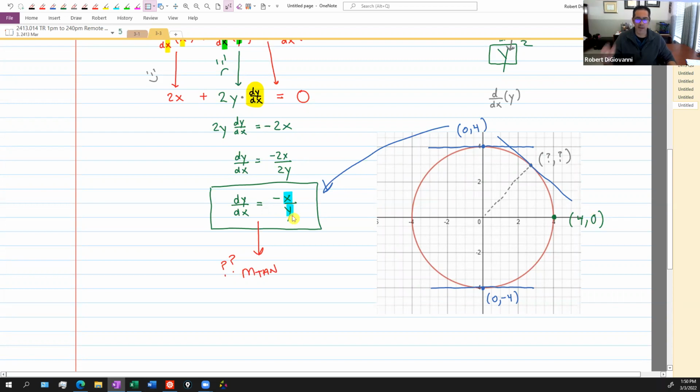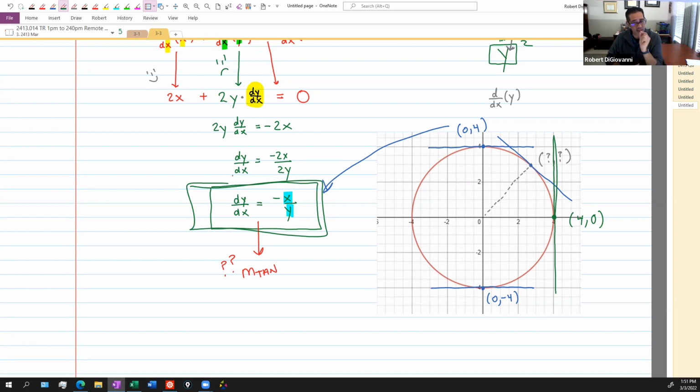But wait a minute, don't vertical lines have undefined slopes? Yes. I mean, it's behaving exactly the way it should behave, right? This is the formula for the slope of the tangent line anywhere on that circle. All you have to do is provide me the exact point you want me to talk about, and then I will provide you the slope of the tangent line. But it requires both the X and the Y coordinate.